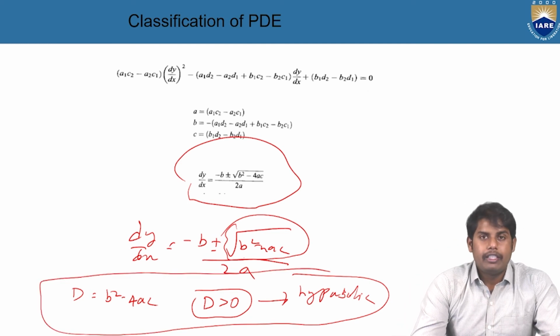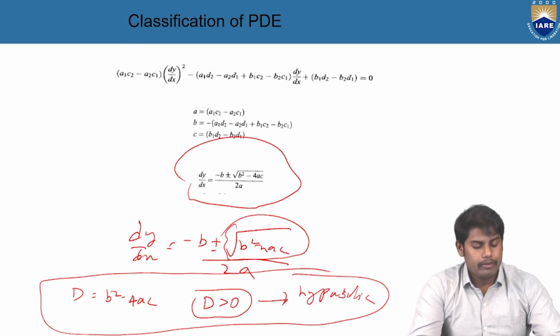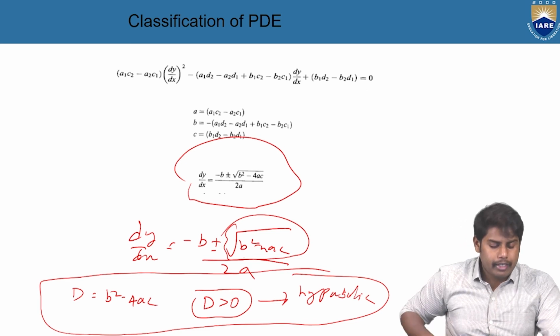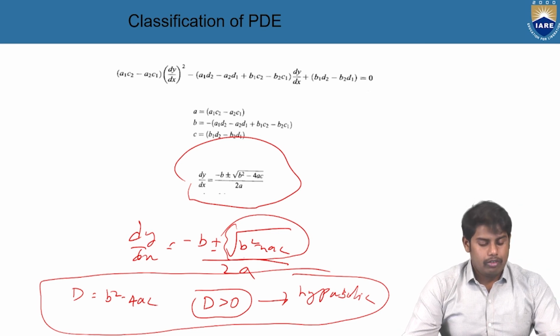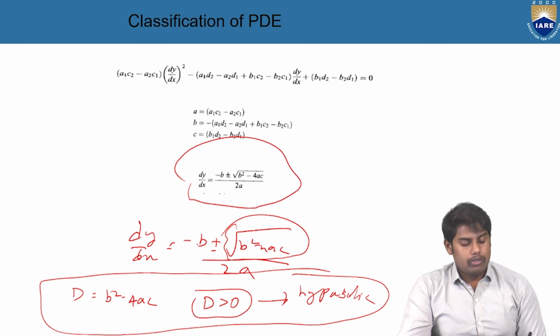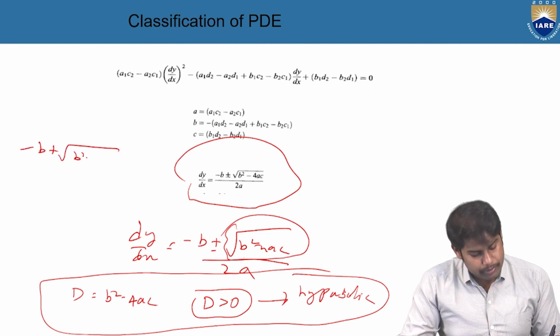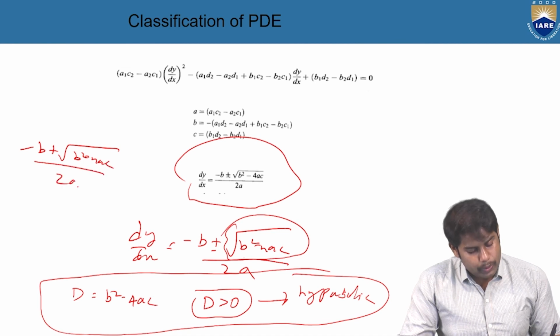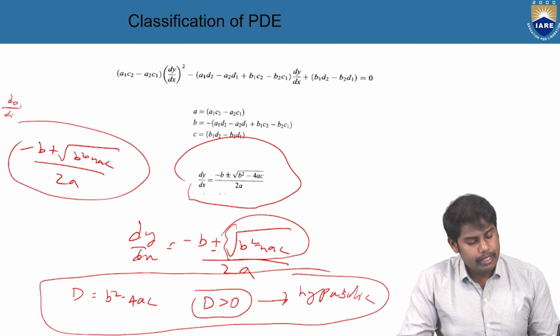So basically when the discriminant is greater than 0, this sort of equation is nothing but the hyperbolic equation. Here you will have two equations, because you have plus or minus. Minus b plus under root of b square minus 4ac by 2a would be one equation, dy1 by dx.